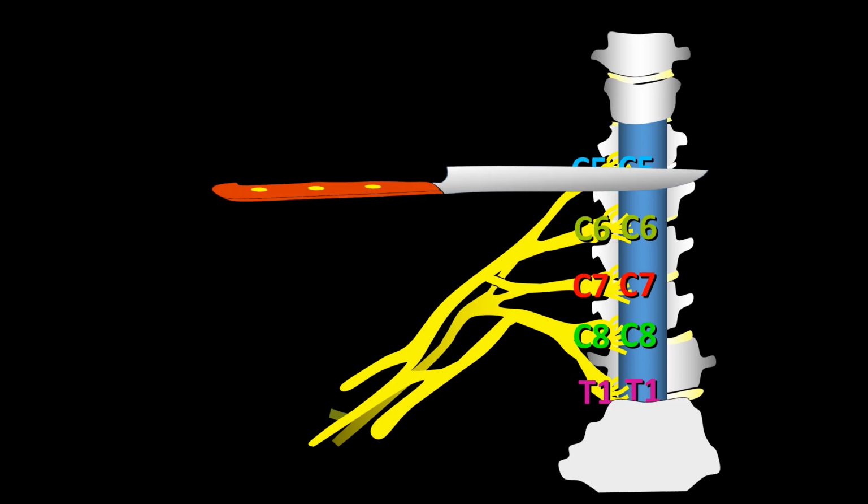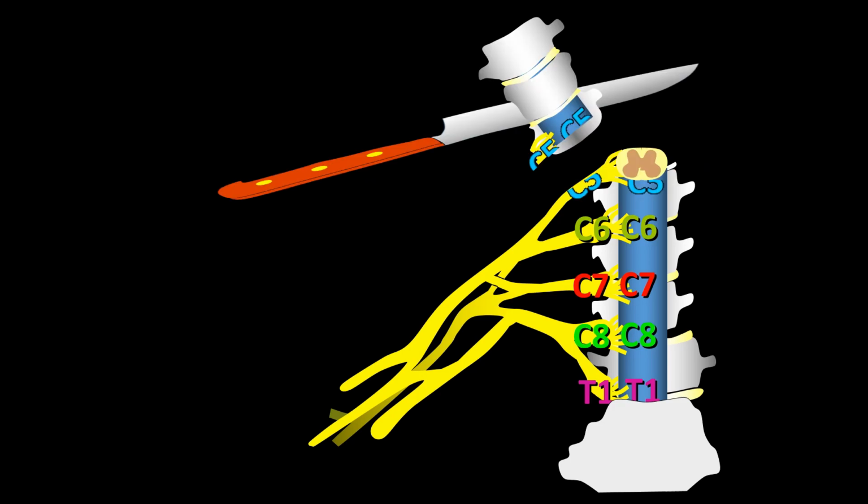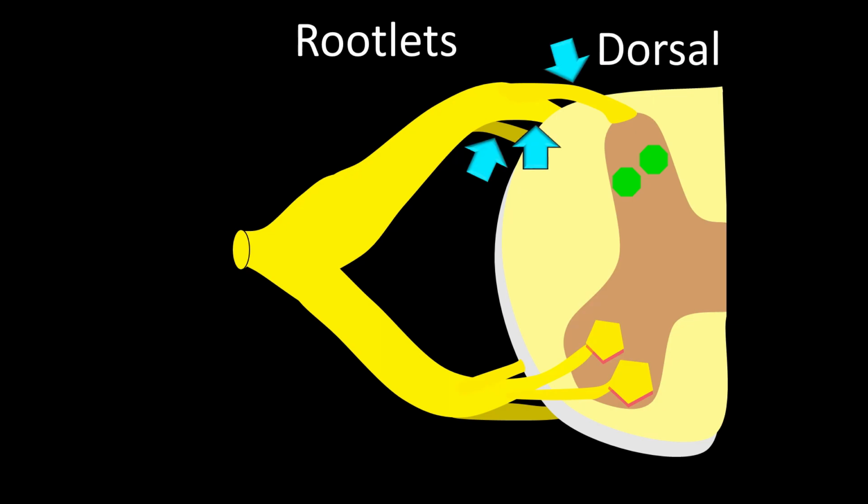Were we to go back to the 5th cervical spinal region and cut through it, and then look from above, but not at the spinal cord, but at the spinal canal nerve bundles, we would see a simple structure that consists of rootlets.